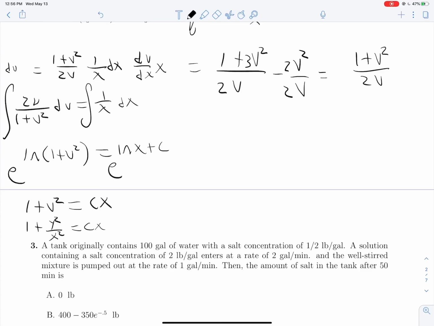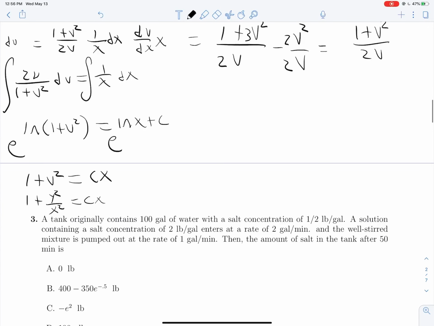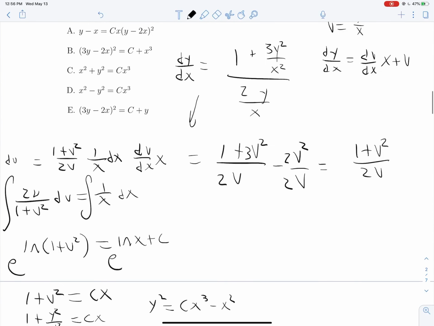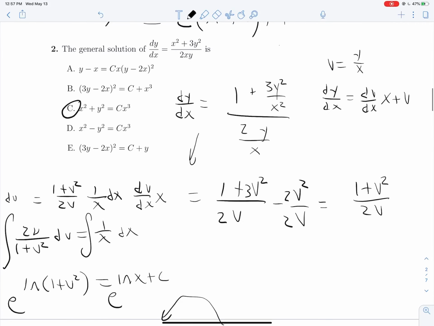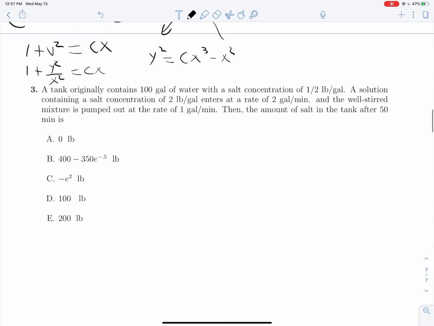And how can we rewrite this in the form that they're looking for? Well, this will be y squared is equal to cx cubed minus x squared. Is that what they are looking for? No, it looks like they want the x squared on that side, so we can just move that over, and we get exactly answer choice C for number 2, which is correct.